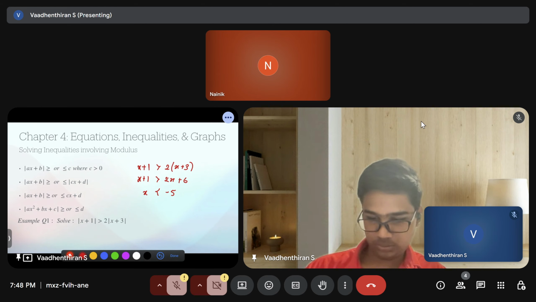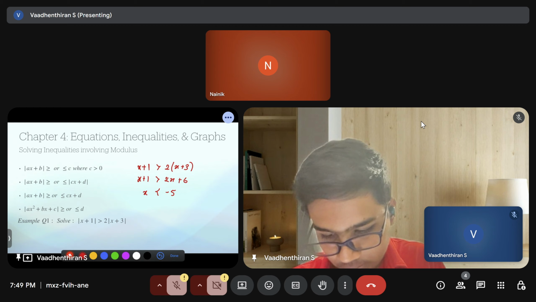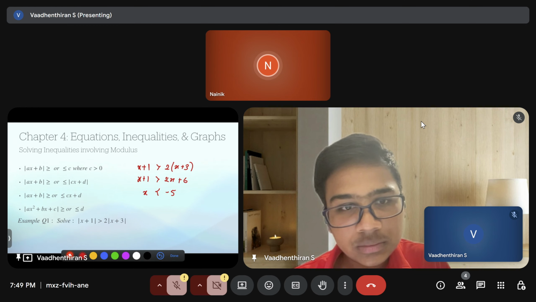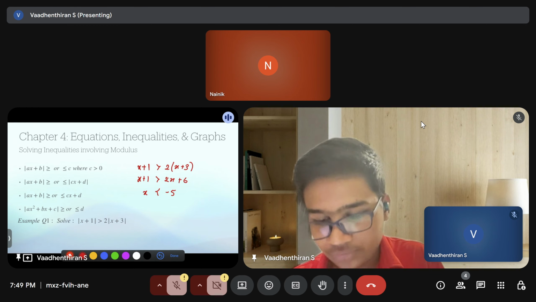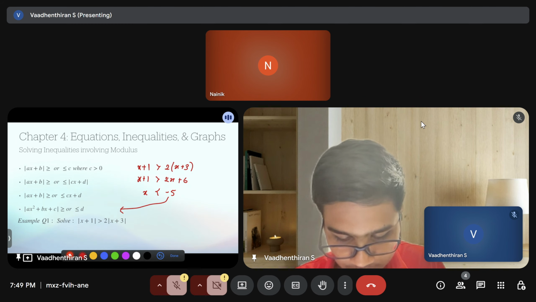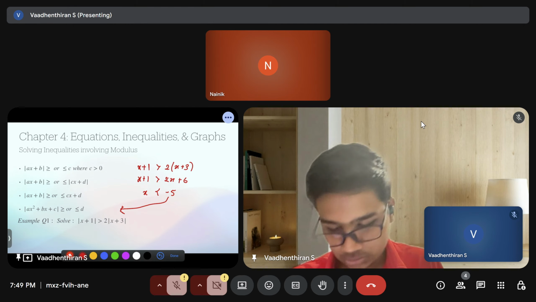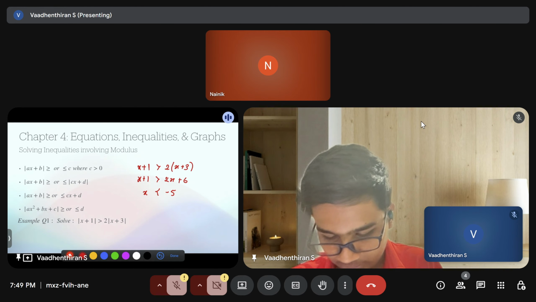Got it? This is one of the solutions. You need to check by substituting any number less than negative 5 into this, and then checking if it's matching. So you can do the checking on your own.